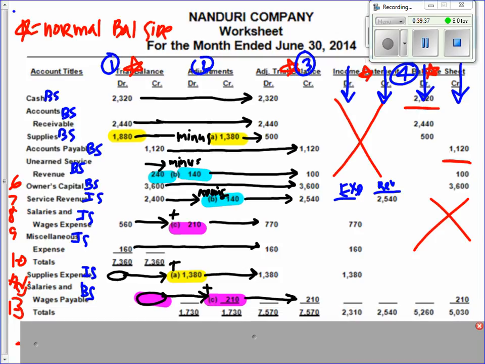Look at line 13. Will you put these 4 totals in? You're on line 13. Like we said, the revenue, the credit under income statement's easy because there's only one. And you'd add up all vertically, you'd add them all up.